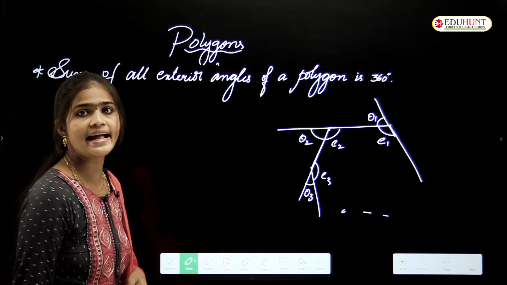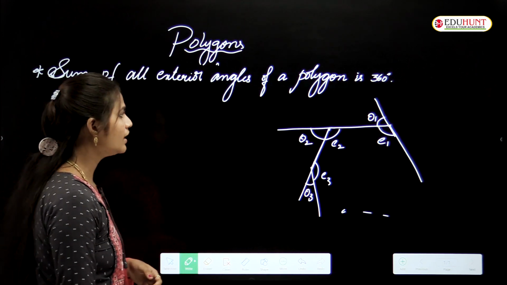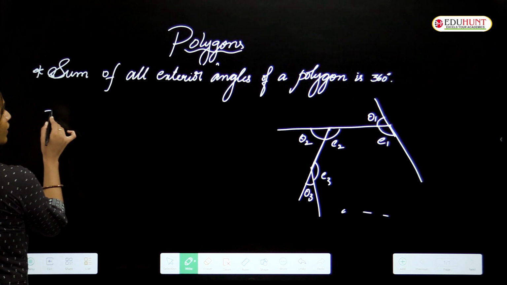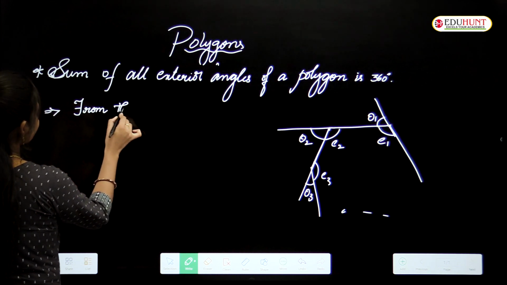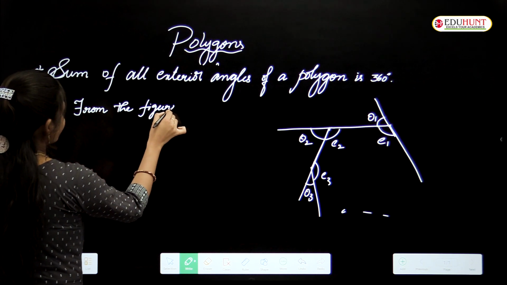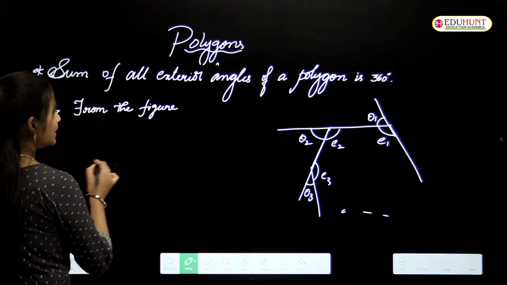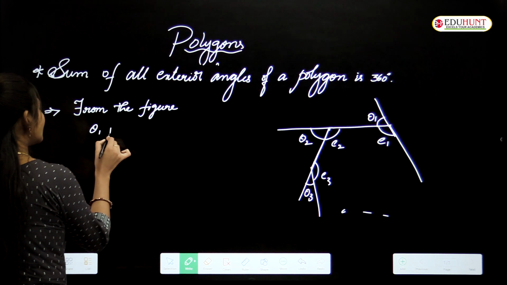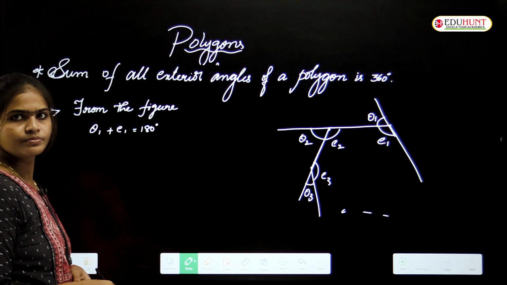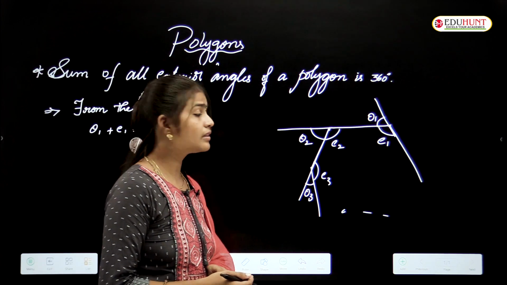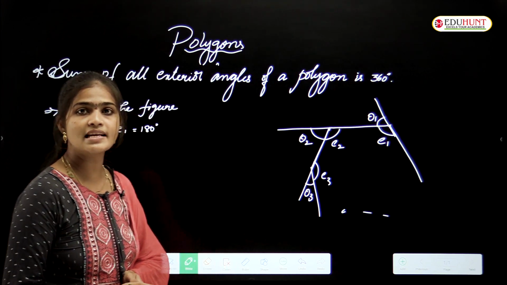For example, that is an n-sided polygon. Now from the figure we can say that theta 1 plus E1 is equal to 180 degrees.